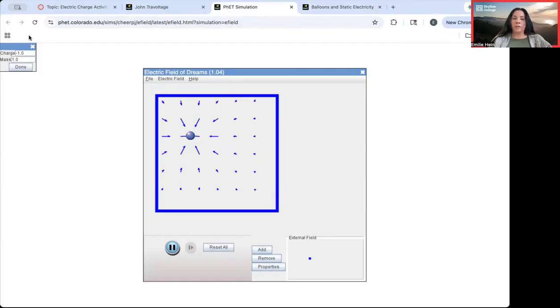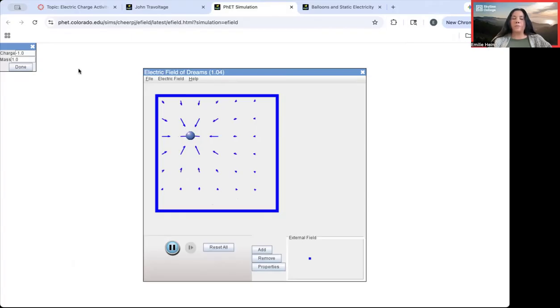This one is kind of simple, but you can see the properties of the charge, an electric charge that we added into this square. The charge is -1, so it's a unit of charge here.